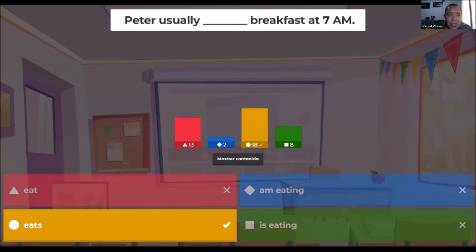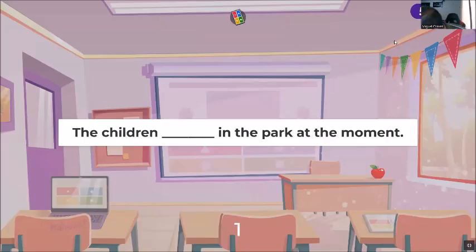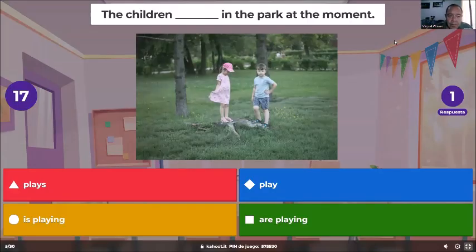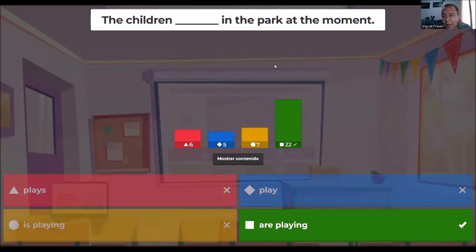In this case, we have usually. Again, with the time expression at the moment, we can identify the correct tense.